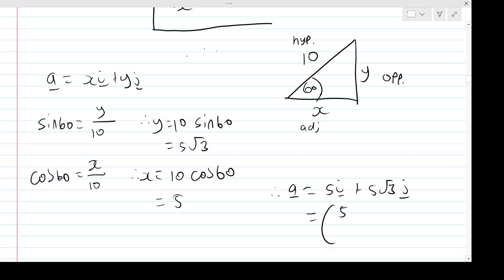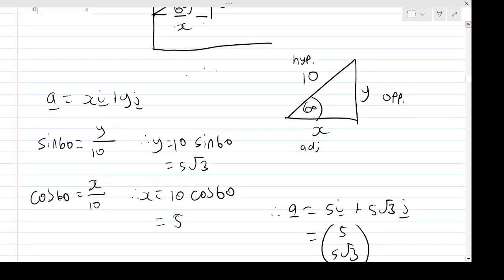So then it's going to be 5 on the top, then 5 root 3 there. Because again, the i part represents the x, right? And the j part represents the y part. So how far up we go, which is there, okay? So that's essentially what it all means. And there we are. So we can work backwards as well. If we have a length and the angle, we can use SOHCAHTOA to find the original vector, right? So the i and the j part, right? In this way. Okay, cool.